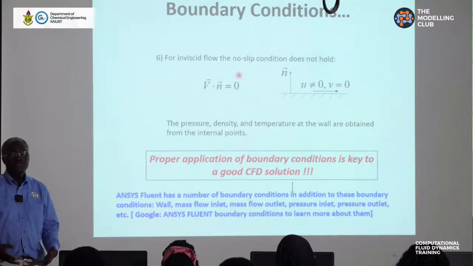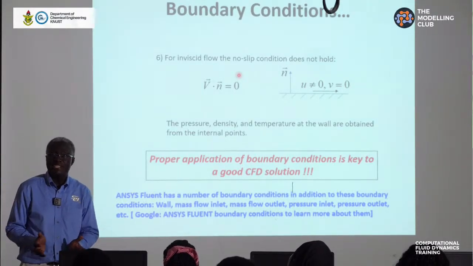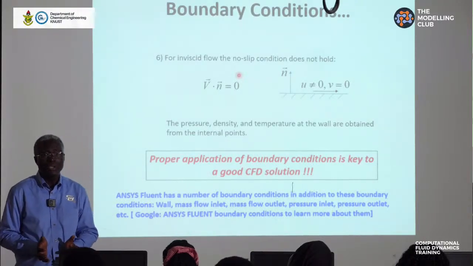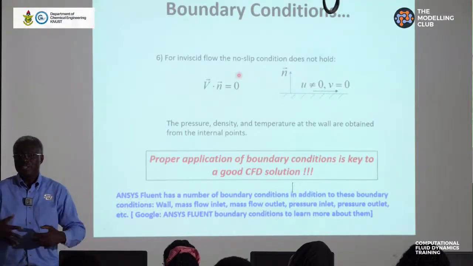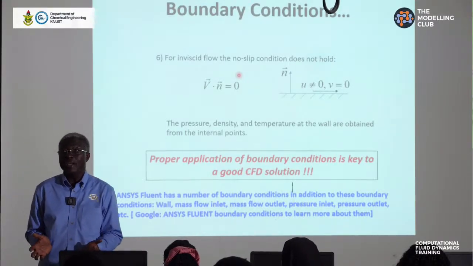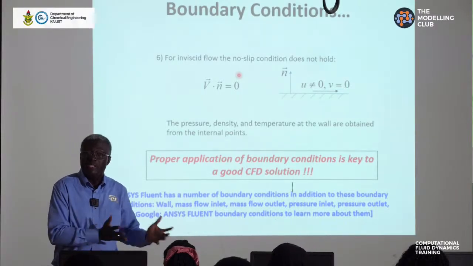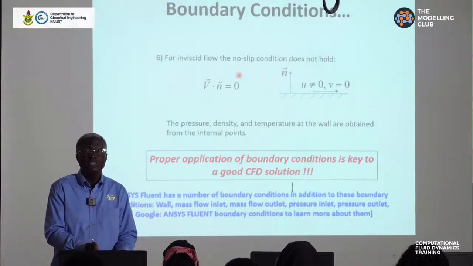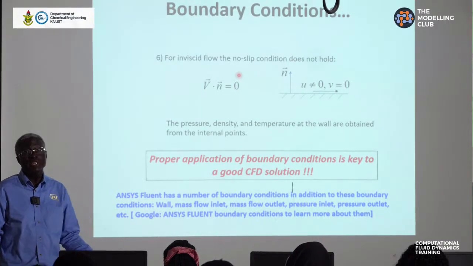Okay, if you are to conduct a chemical reaction in an insulated environment, that means with no heat loss, and you don't insulate your vessel, that means that you're not applying the right boundary condition. So experiment-wise, you're not going to get the right result in terms of the chemical process. Similarly, in the CFD computation, you're not going to get the right result.